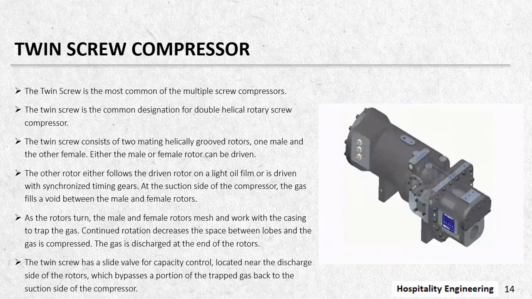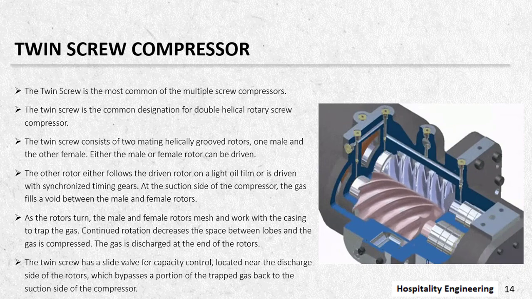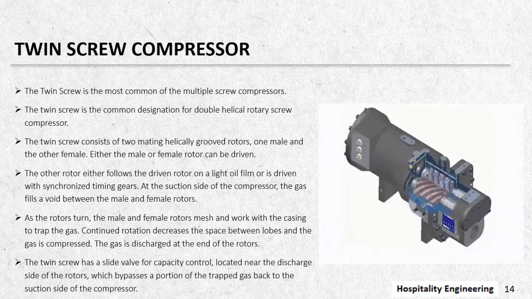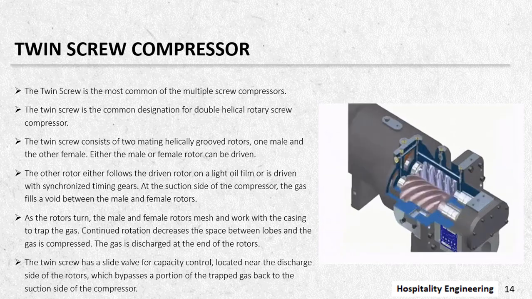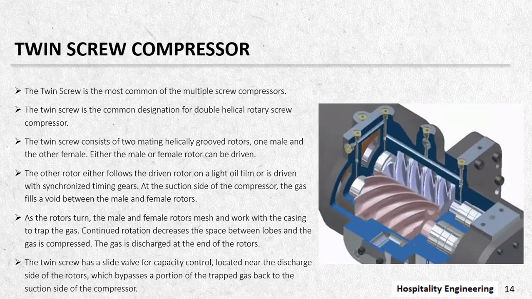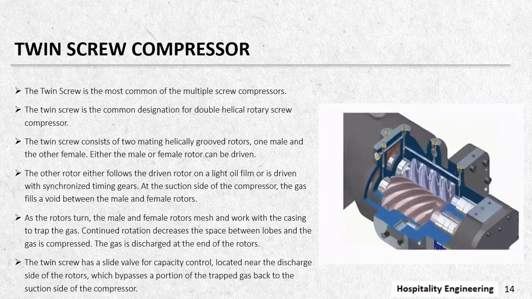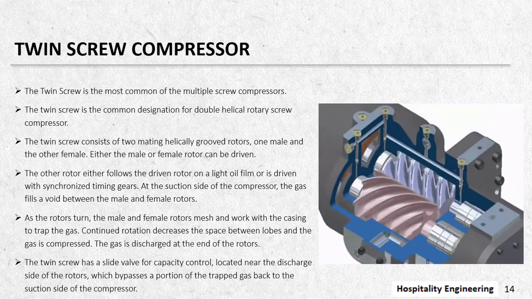The gas is discharged at the end of the rotor. The twin screw has a slide valve for capacity control located near the discharge side of the rotor, which bypasses a portion of the trapped gas back to the suction side of the compressor.